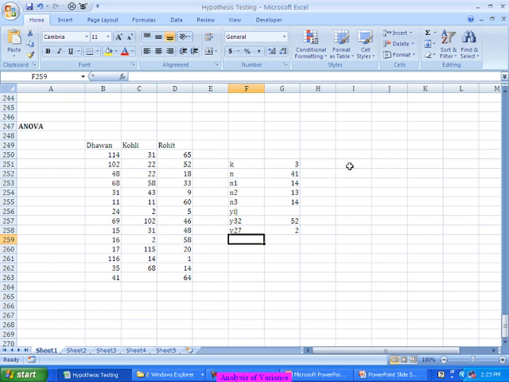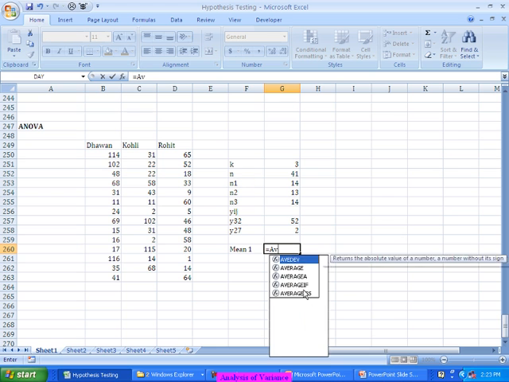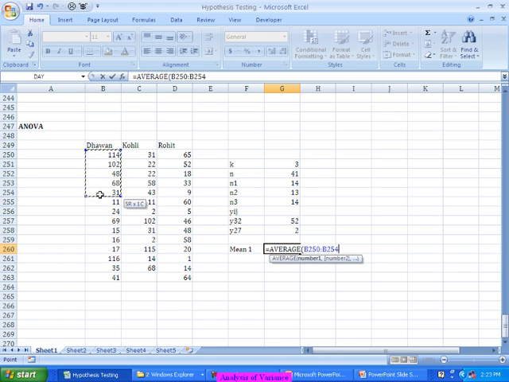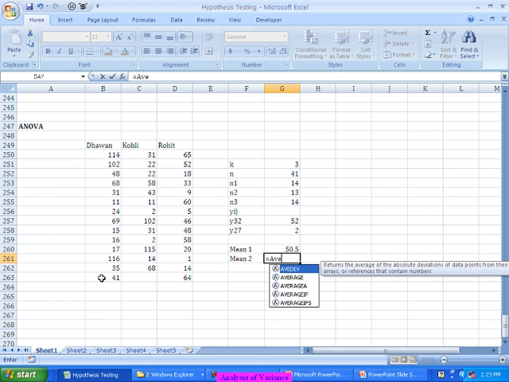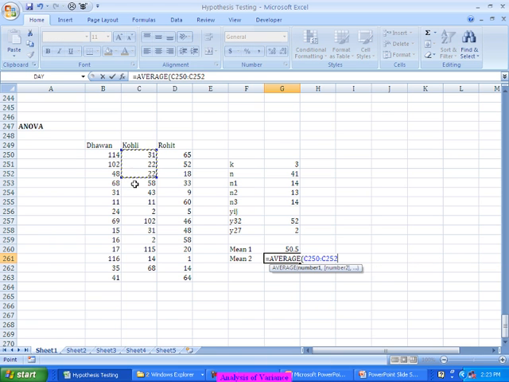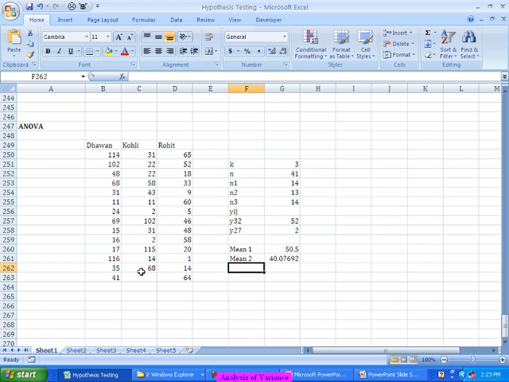From that standpoint, a couple of calculations are required, probably the mean of the first set. If I take the average of this data, it is around 50.5. When I take the mean of the second set, which is the mean of Kohli, it comes out to 40.07, and the third mean, the mean number of runs scored by Rohit, comes out to around 35.21.